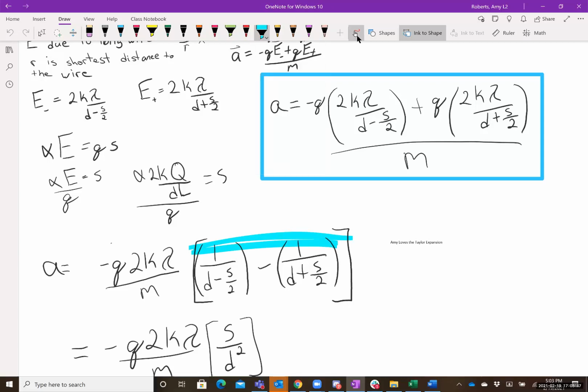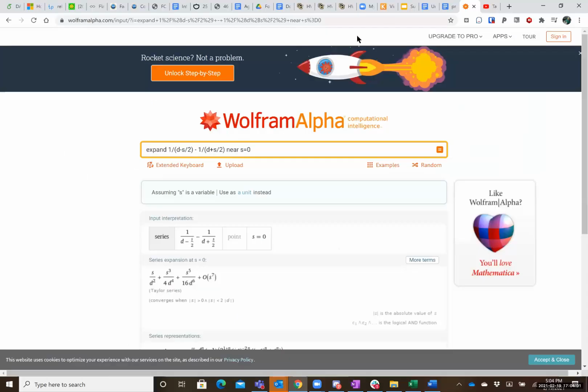And that was just a regular expand in Wolfram? Yes. Not a specific Taylor expand? No, that's right. That's the beauty of the Taylor expansion, it's a general thing. The syntax in Wolfram Alpha is expand, then the function, then near, and then you tell it where you want your approximation to be good.